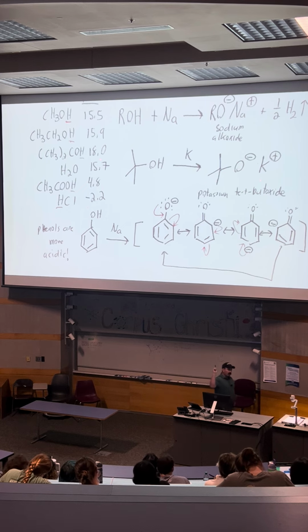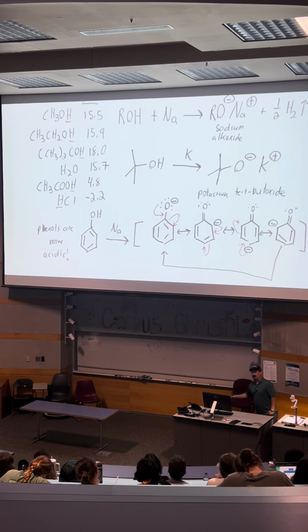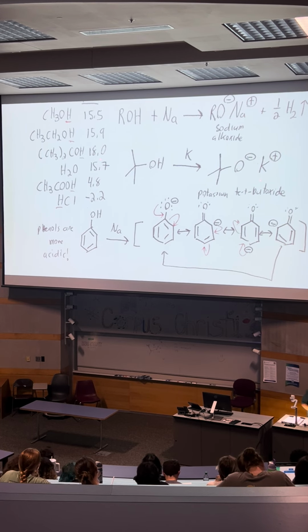But something like this is not as reactive. It's more stable in solution, because it's distributing that negative charge across 4 different atoms. And so as a result, that proton is a little bit easier to pull off. You don't need as strong a base to pull it off, and so that translates to it being more acidic.